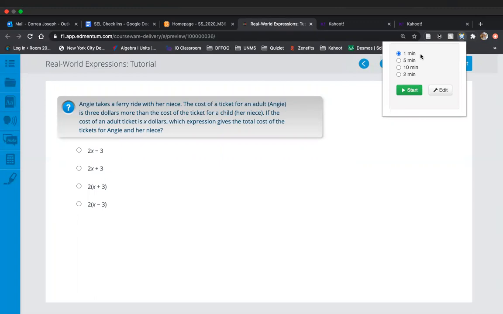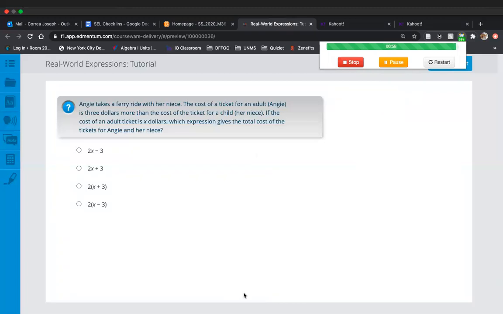So it says, Angie takes a ferry ride with her niece. The cost of a ticket for an adult is $3 more than the cost of the ticket for a child, her niece. If the cost of an adult ticket is X dollars, which expression gives the total cost of the ticket for Angie and her niece? All right, so you've got 1 minute.